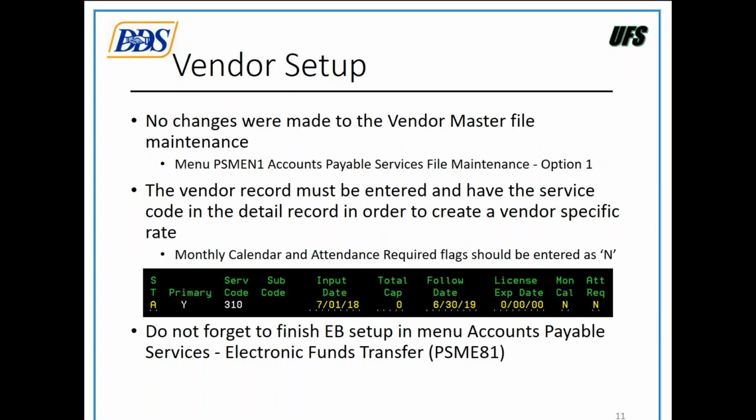And although you're not generating an invoice to go out to eBilling, you still need to input attendance, the calendar and attendance flags, and these should just be entered as NN. Also, don't forget to set up your FMS vendors in the PSME 81 menu, the electronic fund transfer menu, to be sure that they are eBilling set up. Otherwise, their vendor information is not going to go out to eBilling. Any questions about that?